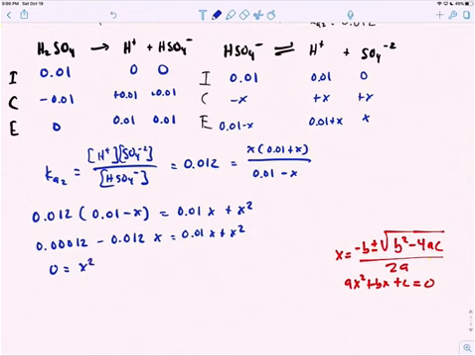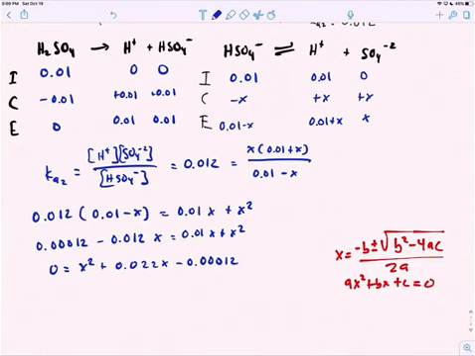We have x squared plus 0.022x minus 0.00012 equals 0. So let me go ahead and make sure I set this up correctly. Yes, I have set that up correctly.